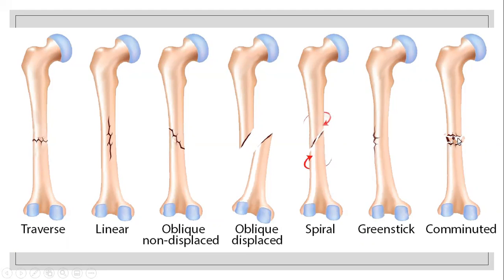And here, the bone is broken into different pieces. We call it a comminuted fracture or compound fracture. A compound fracture is an injury in which a broken bone pierces the skin, causing a risk of infection compared with a simple, transverse, or oblique fracture.